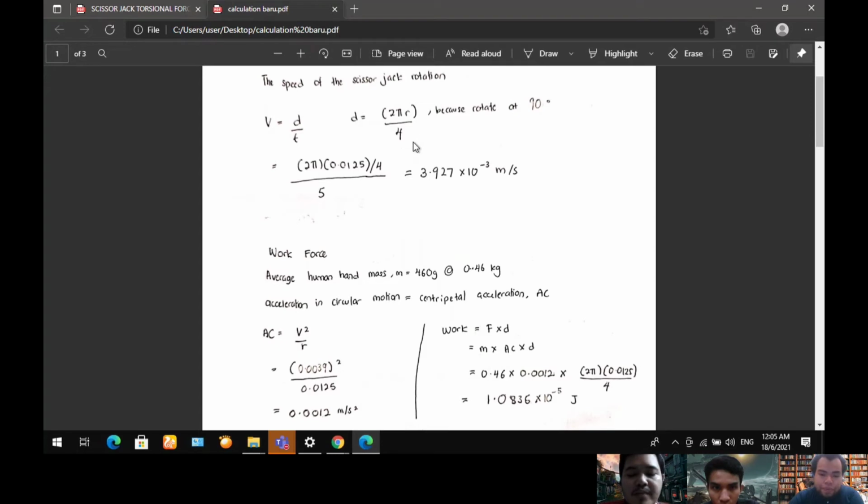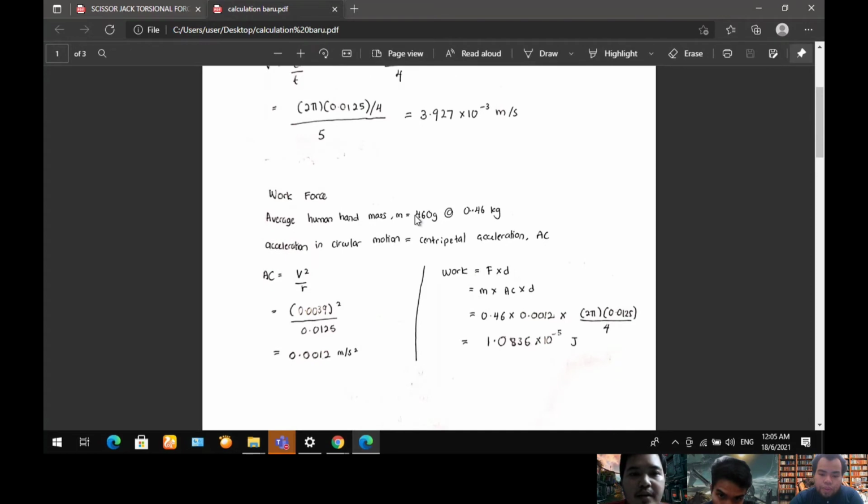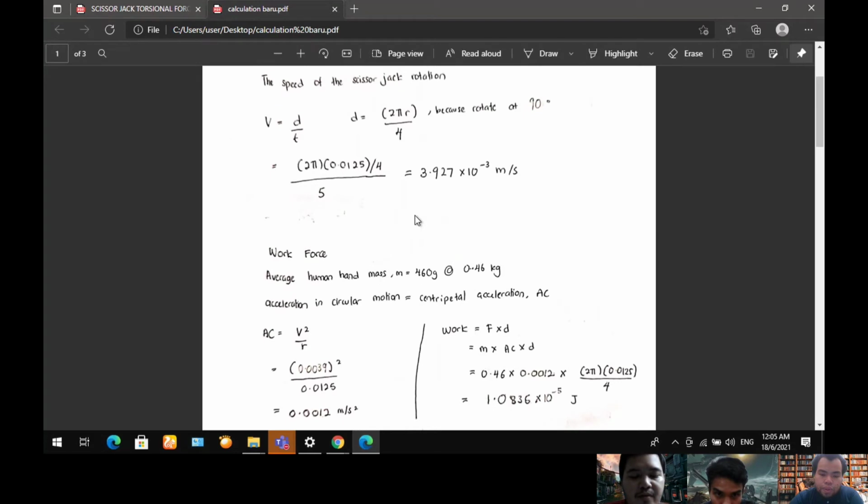For D, we use 2 pi r divided by 4, so we get 1.963 times 10 to the power of negative 2. We use D to get the value of V. For velocity, we get 3.927 times 10 to the power of negative 3 meter per second.